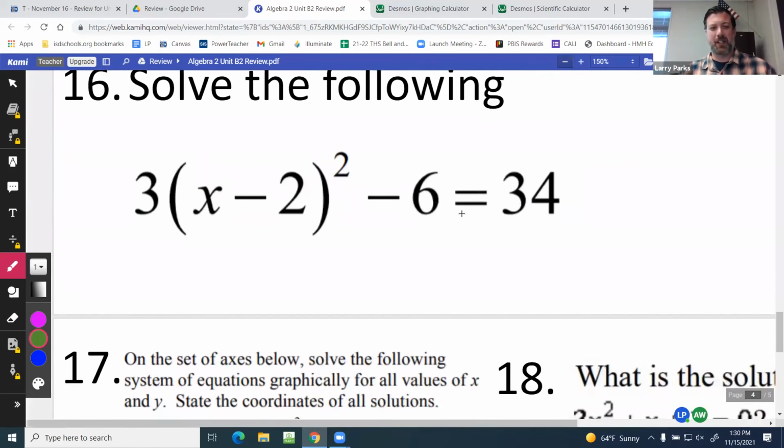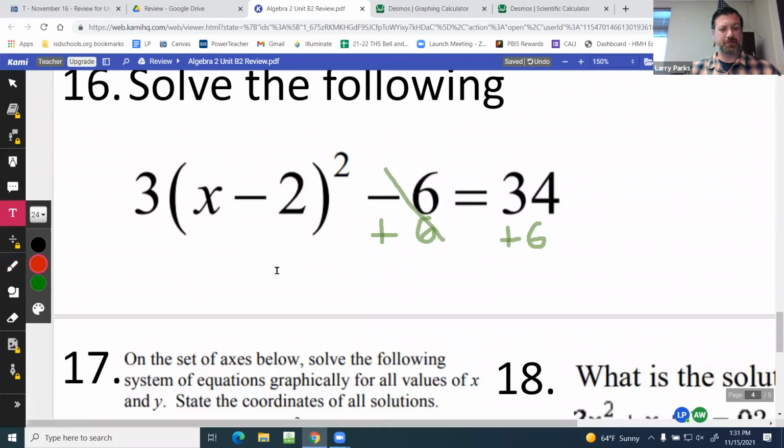All right, solve the following. Man, this is going to be a long video. So the easiest way to solve would be to first add 6 to both sides. Those go away.